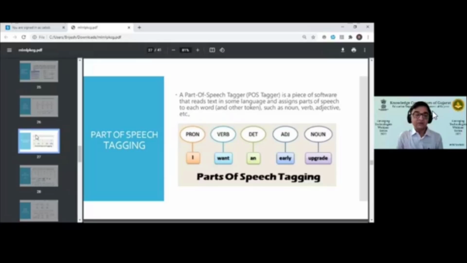Like "I" is a pronoun, "want" is a verb, "an" is a determiner or article, "early" is an adjective, "upgrade" is a noun. So, identifying the part of speech of every word is the problem called part of speech tagging.